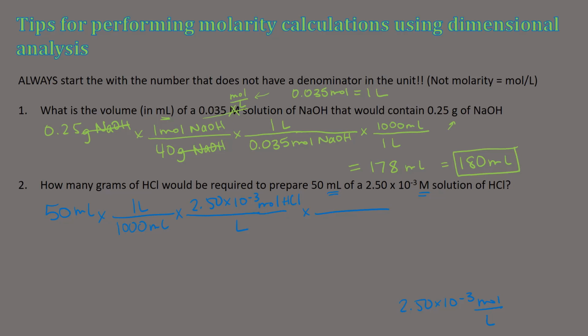And then the molar mass of that is 36.46 grams per mole of HCl. And that's going to give me 0.004557. Now this only has one significant figure, so I could write this as 5 times 10 to the negative third, or just 0.005.